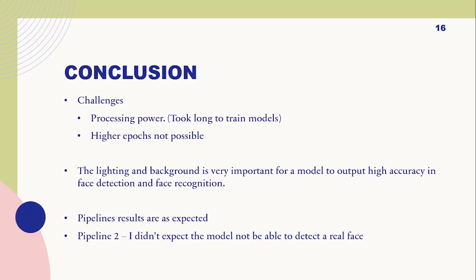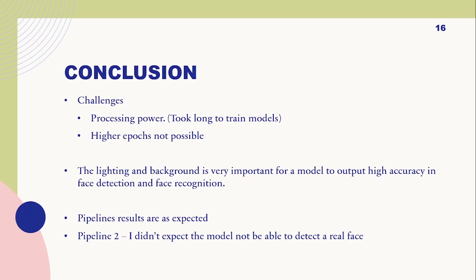The challenges that I faced in this project were the processing power of the laptop that I was using. It took very long to train the models, and because of the processing power of my laptop, I was not able to train the models on higher epochs because that would take too long, which would have given more accurate results.